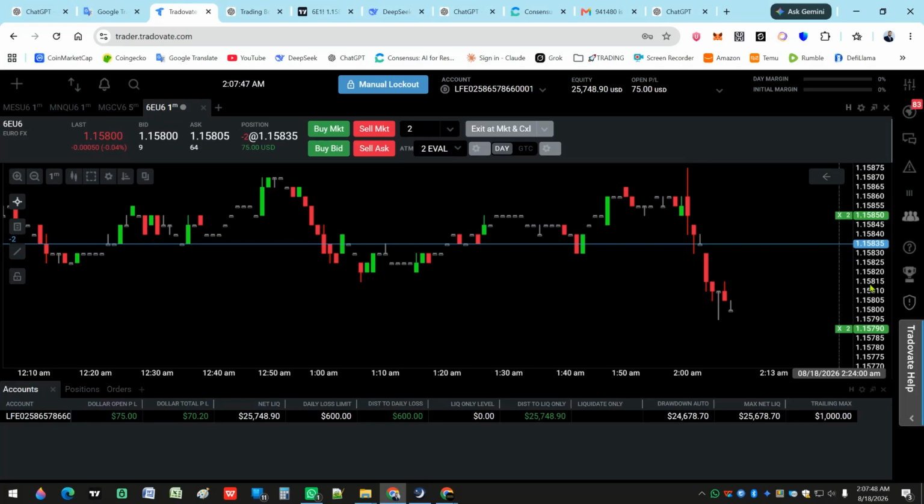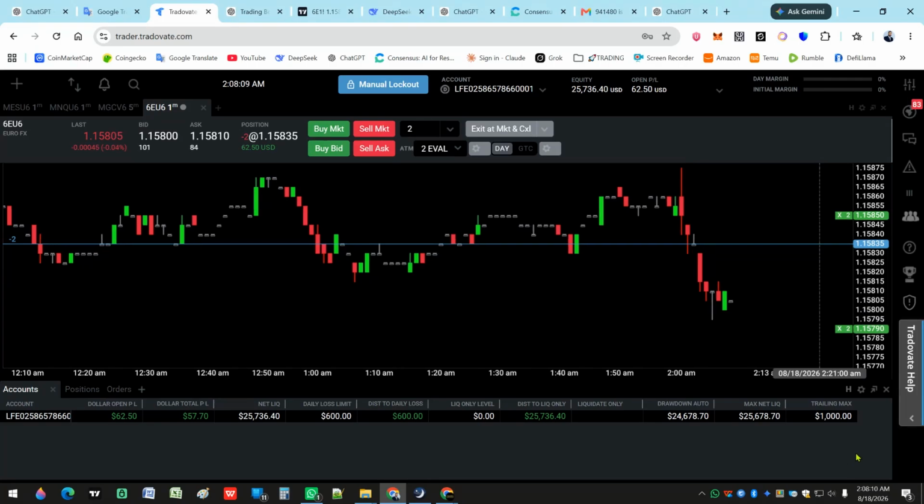I had 5 bots, but I have to retire 2 of them. They stopped being profitable. There was no way to fix them. And right now I have 3 bots. One is in Euro 6E. The other one is in S&P 500. The other one is in gold.